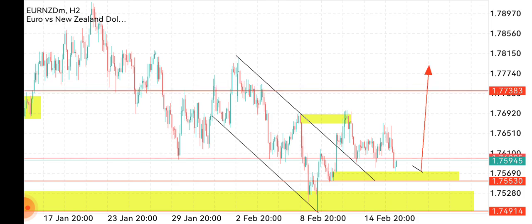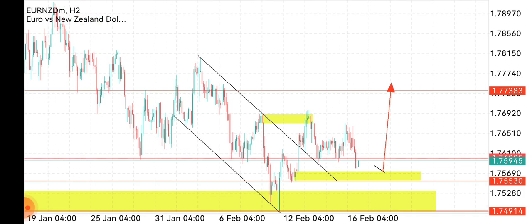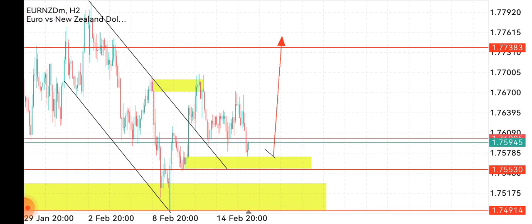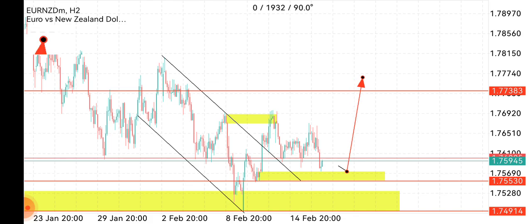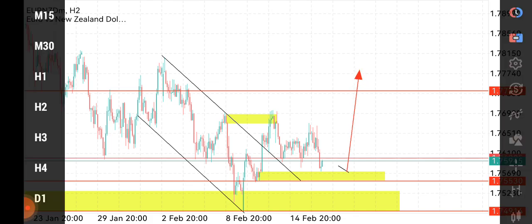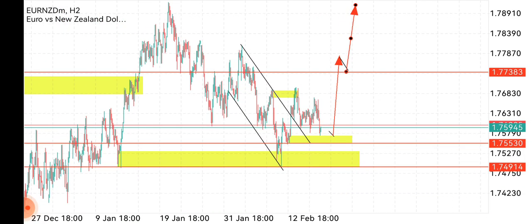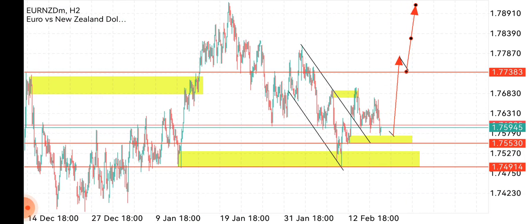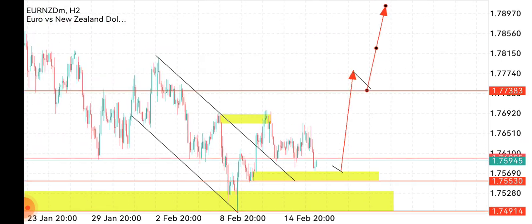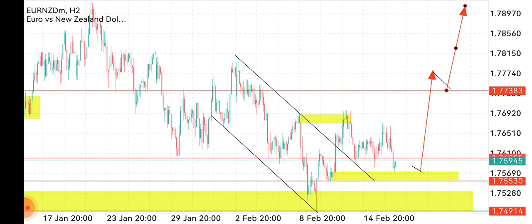Then I expect the market to go all the way to the top there, and once they break there, I'll wait for another retest to add more positions, and then take it to the top, the previous higher high, which is there.